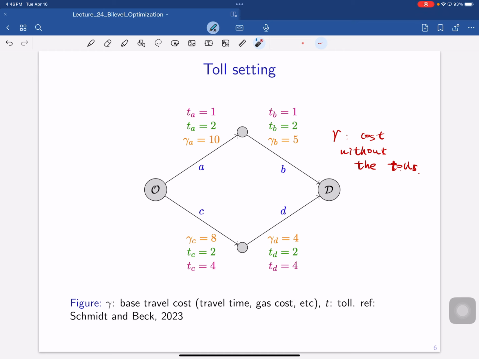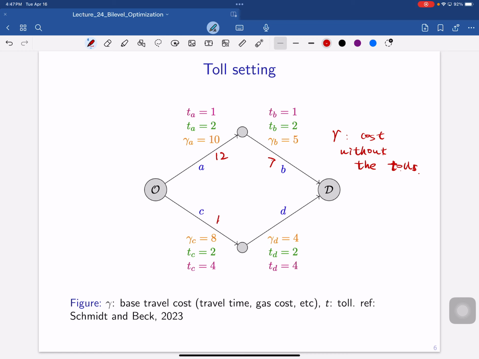So let's assume we set the tolls to be 2 and 2, and here it's 2 and 2 as well. In that case, let's calculate the total cost of traveling through these two routes. If you travel through A, then the cost would be 12, adding the base cost plus the toll. And if you travel through edge B, then the total cost is 7 and so forth.